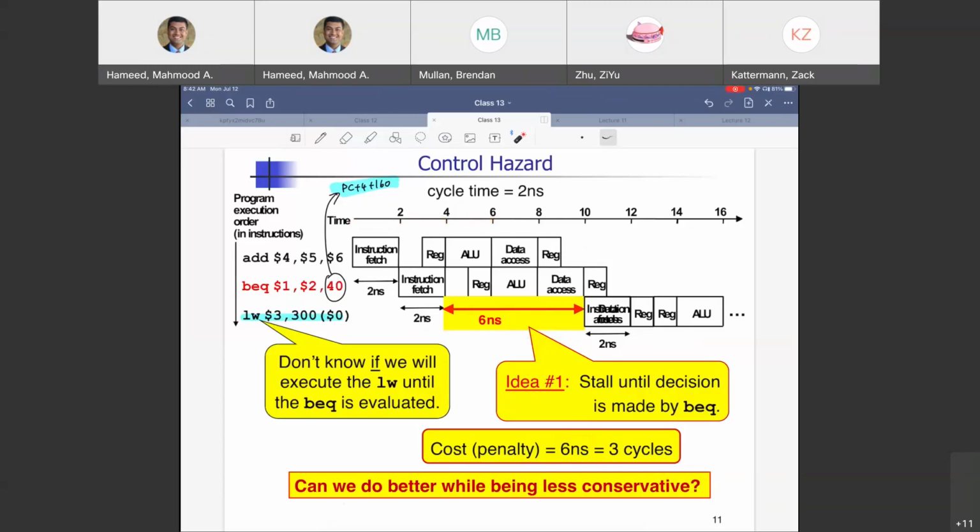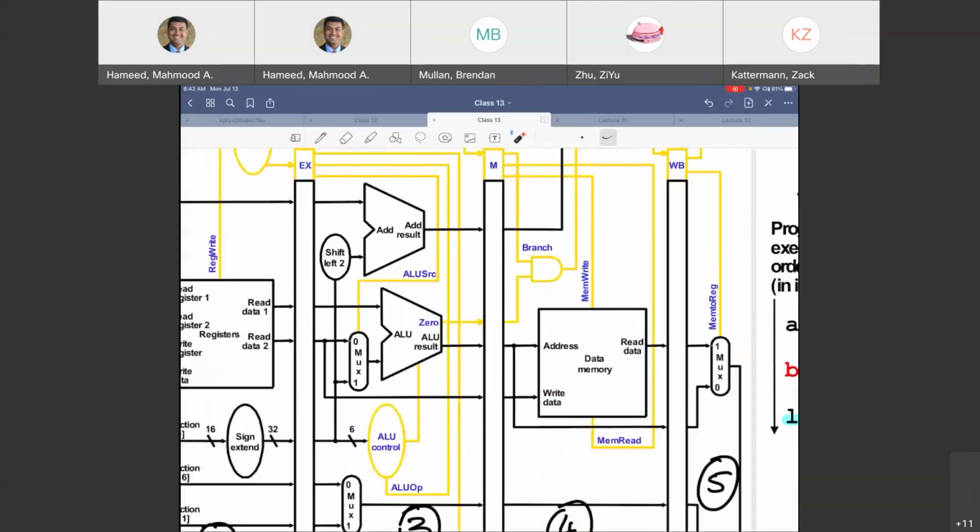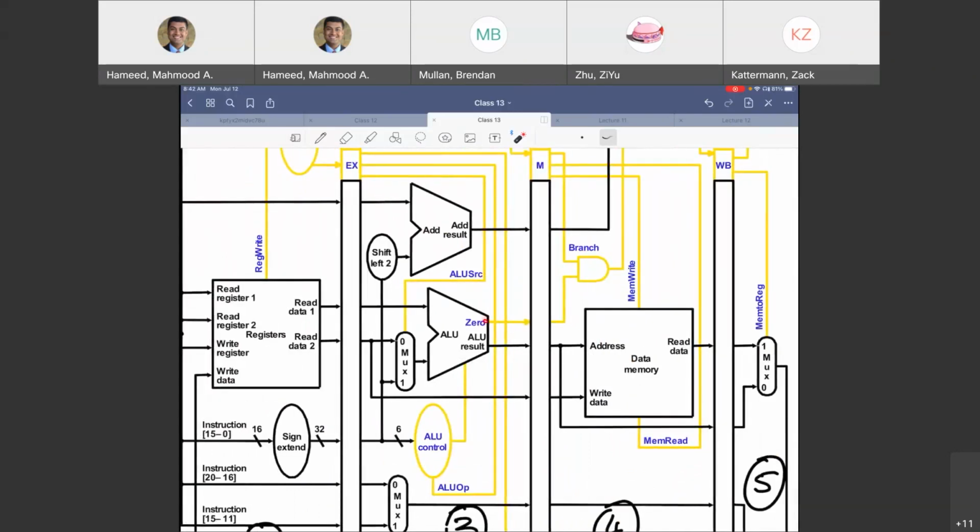So the question is, can we do better while being less conservative? We are now being very, very conservative. We are making sure that the next instruction we work on is exactly the right instruction. Go ahead. Yeah, we do. So the ALU zero signal is available, but this in our data path has been placed after.